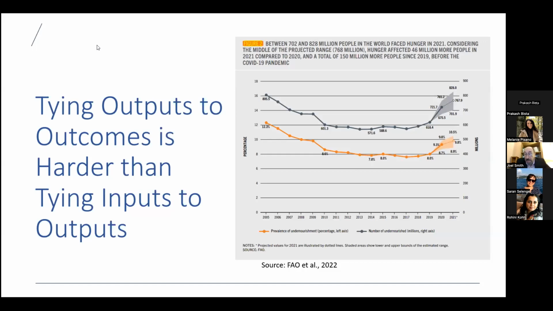But then around the year 2018 or so, it started turning up. Now, FAO found that this is probably the result of particularly climate variability, maybe climate change. But attribution is difficult. There are lots of things going on in agriculture. There are changes in farming practices, technologies, government policies, and trying to figure out what's going on isn't so easy. So that's why we make this point that tying outputs to outcomes, what's the effect of an adaptation on well-being, is harder than tying inputs to outputs.